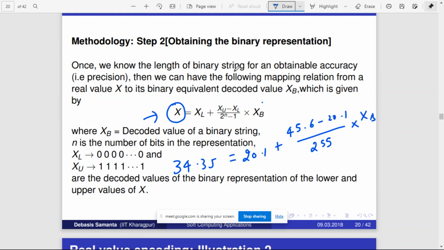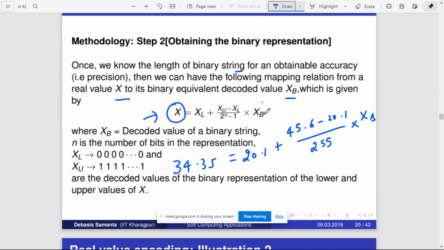Once we know the length of the binary string for an obtainable accuracy, then we can have the following mapping relation from a real value x to its binary equivalent decoded value xb, which is given by this equation, where xb is the decoded value of a binary string. That is, here we are not going to get xb in binary form.